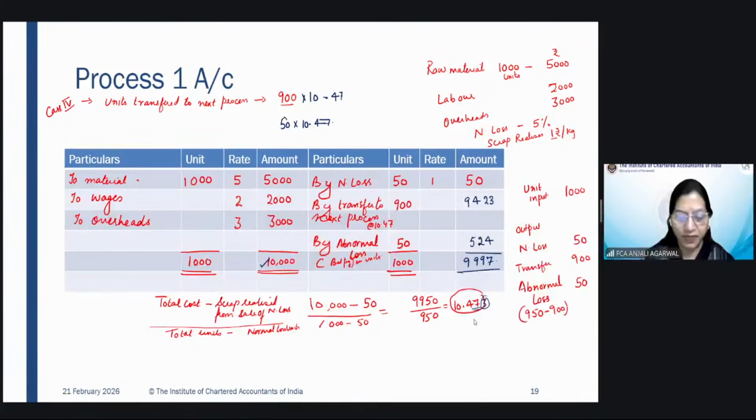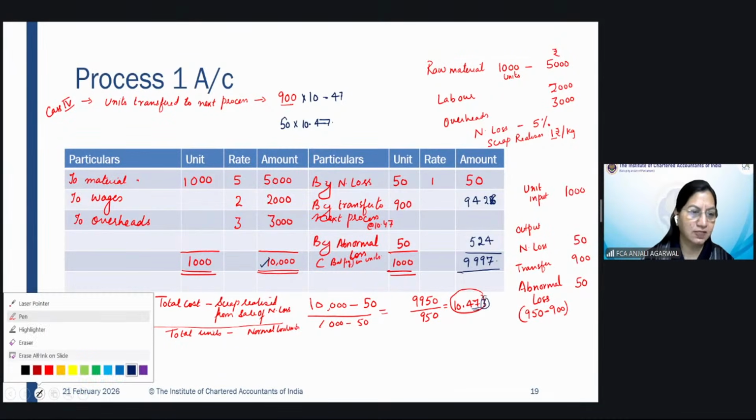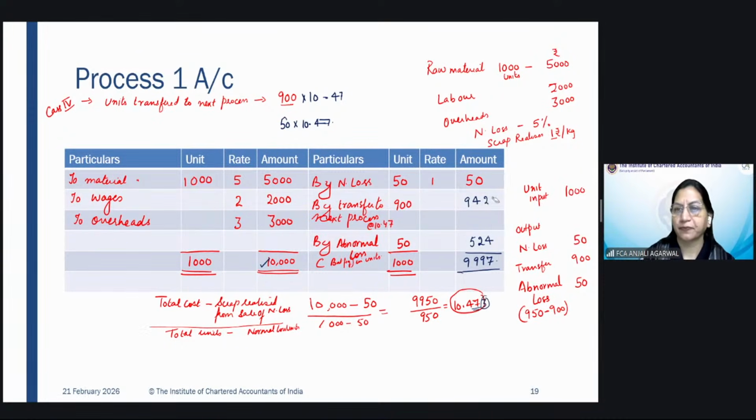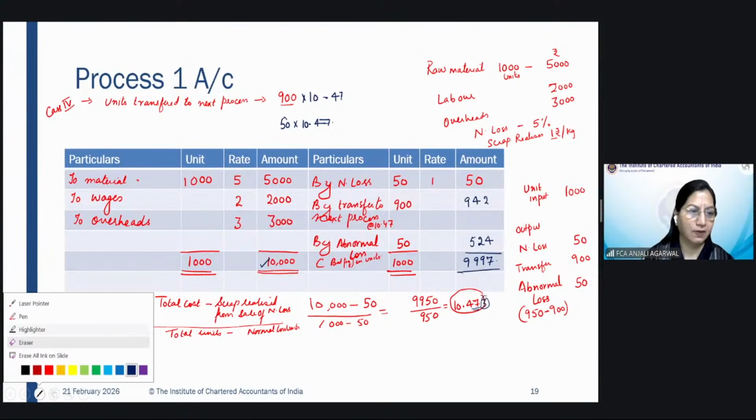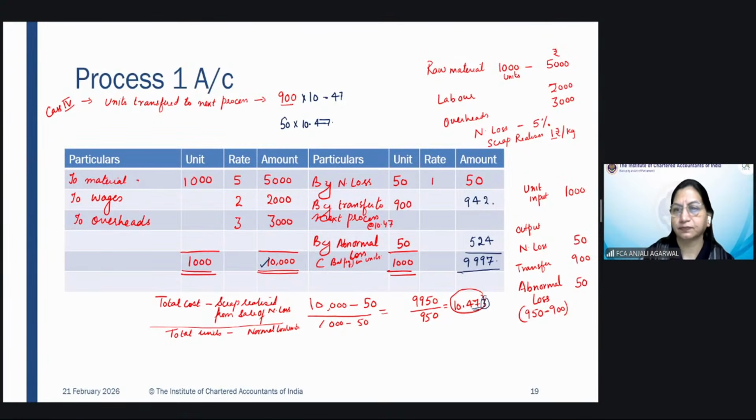Right? So what you can do is when you divide 9950 by 950 in your calculator, you get a figure 10.47. You keep it 10.47 till last and then multiply it by 900. So you get 9426.31. So this I rounded off to 9426. And this is at 10.47 approximately.